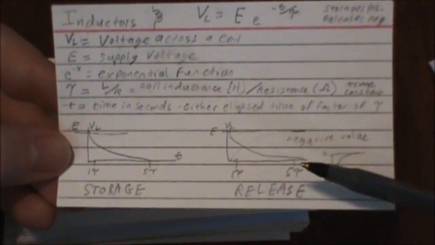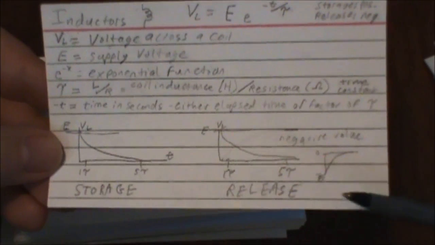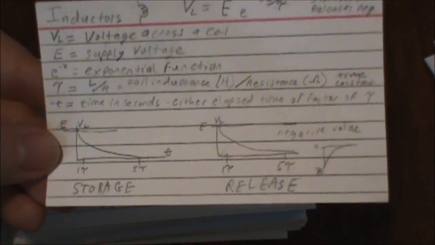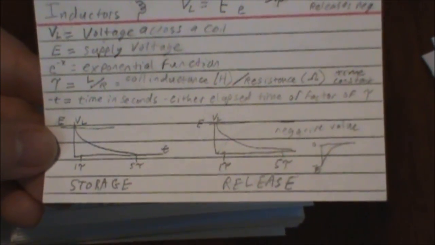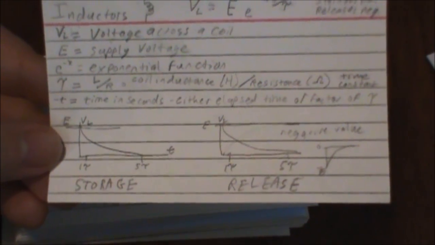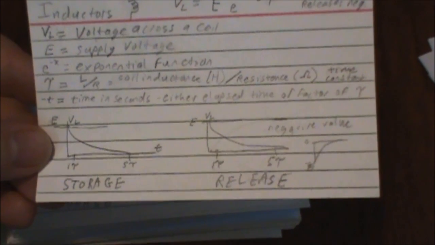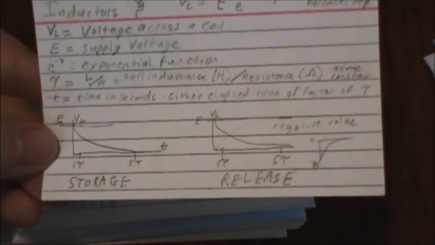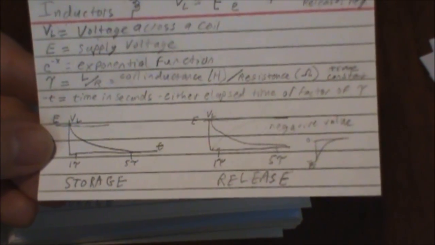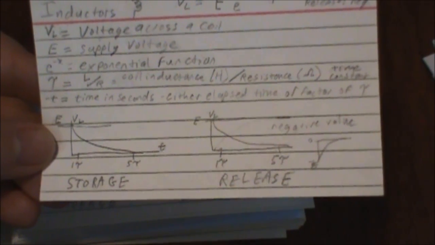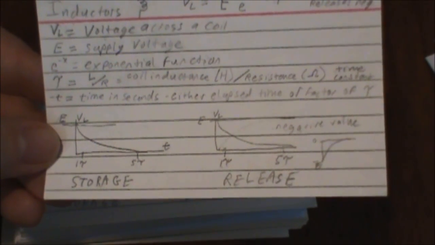We call this a reactive component because, unlike a resistor, with a resistor the change is instantaneous. There's either so many volts across or current through a resistor at one time or not, whenever direct current is applied.